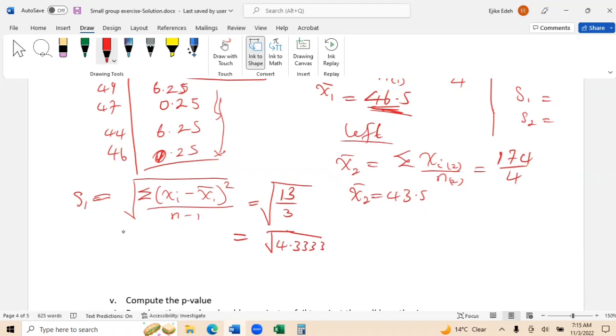And if we simplify this further, the square root of 4.3333 gives me 2 point... I think I better write it over. That gives us 2.08117, if rounded. Okay, so I have this.